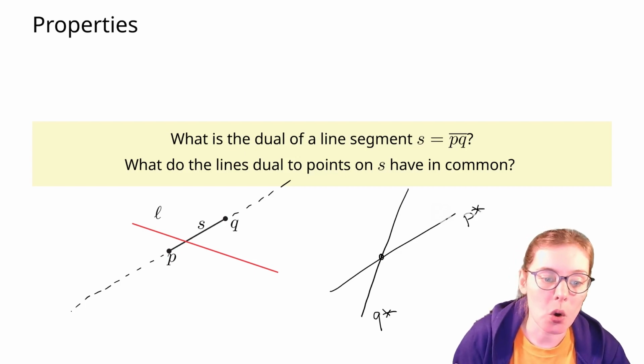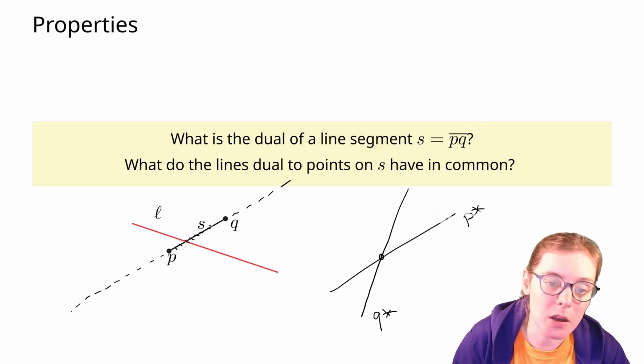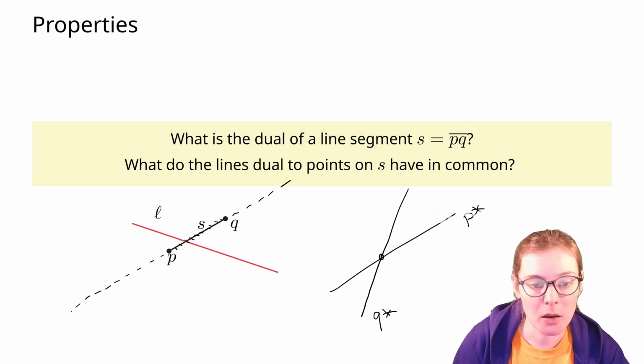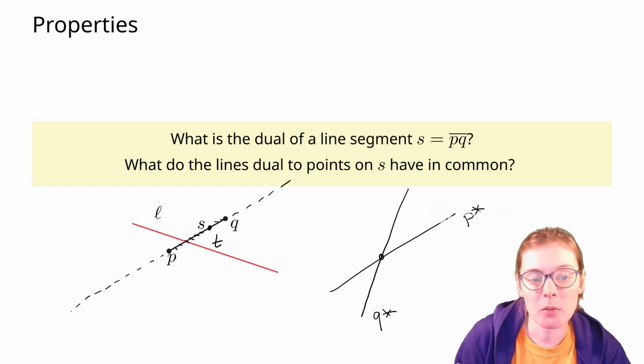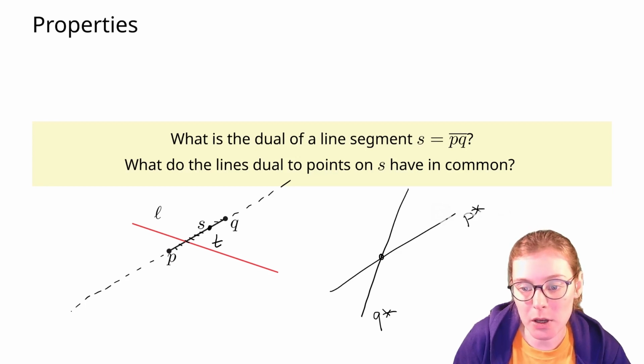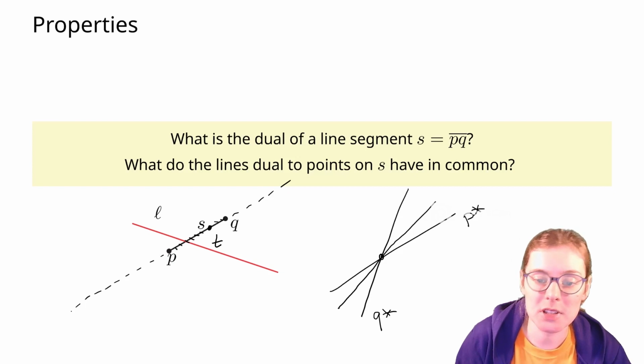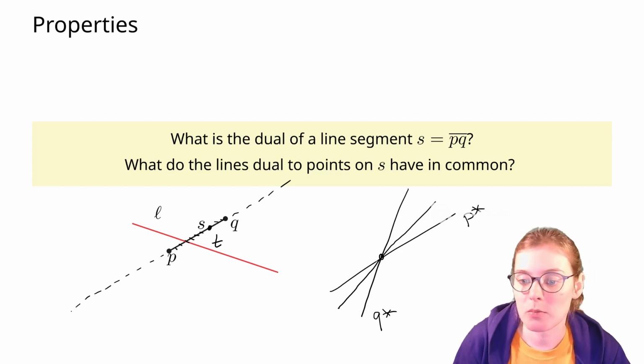Where do all the points between points P and Q map to? Well, consider any point T between points P and Q. The dual to point T will be some line, again passing through the same point as P star and Q star.